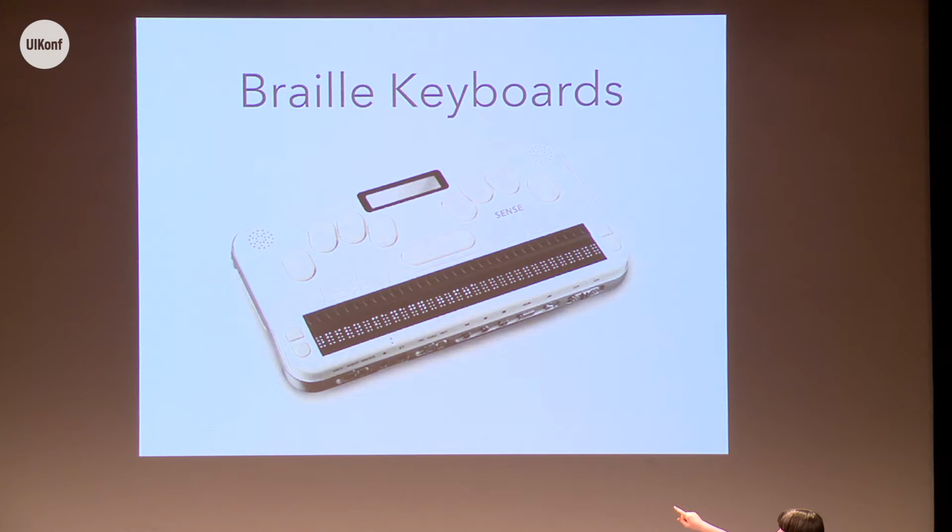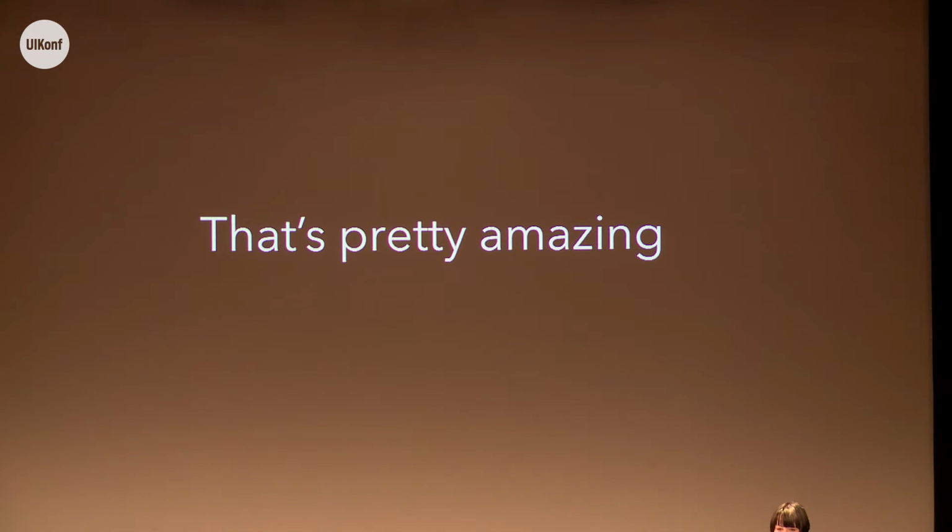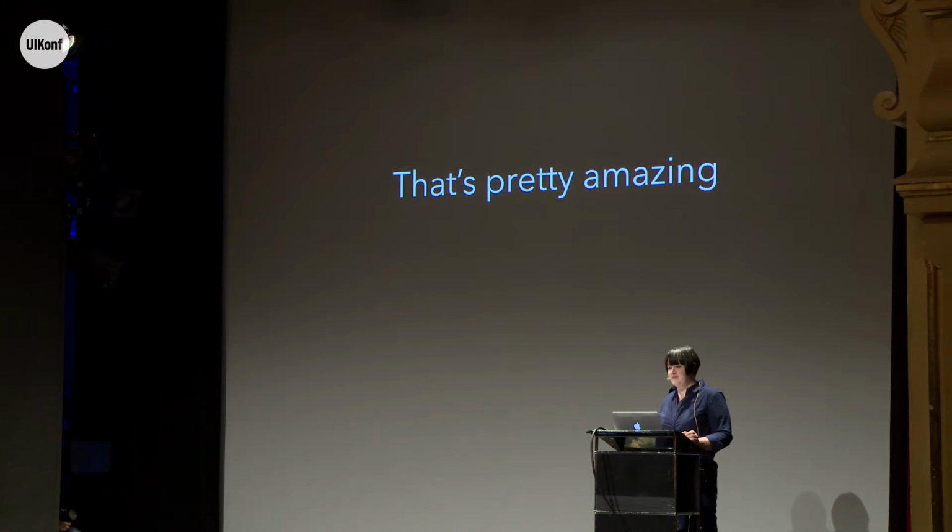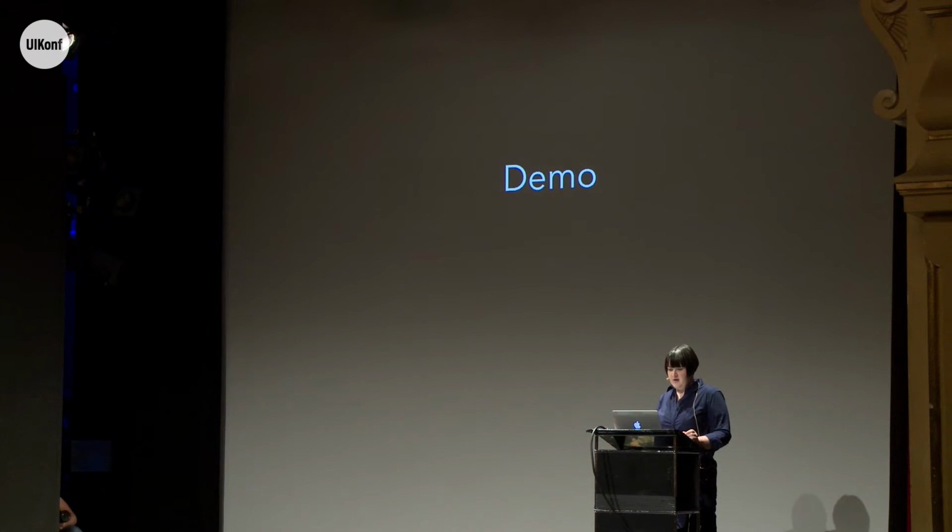And you can also get Braille keyboards where the bottom row is all refreshable Braille cells, so they can enter text way faster than tapping on the keyboard or using the handwriting. And that's really pretty amazing, because they've made something that you would think would be completely inaccessible, because it's a touch screen that you actually have to see, and they've made it completely accessible.